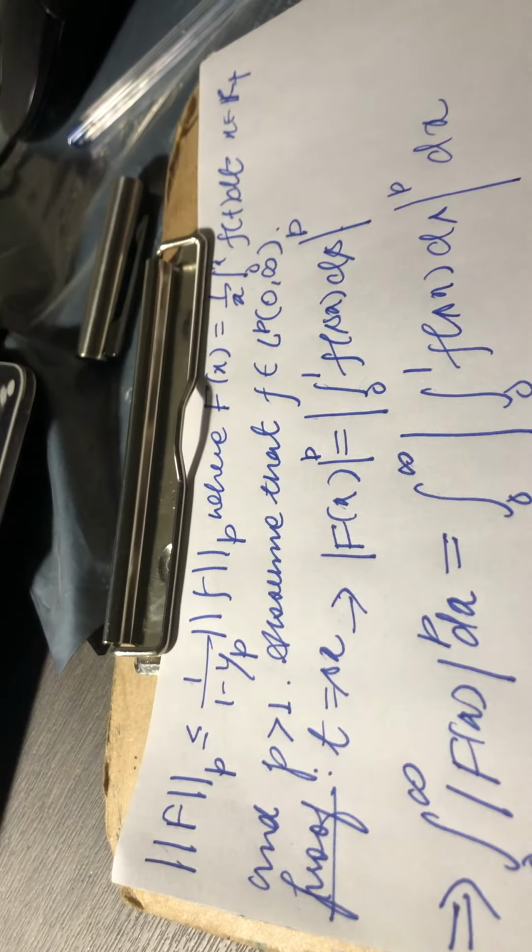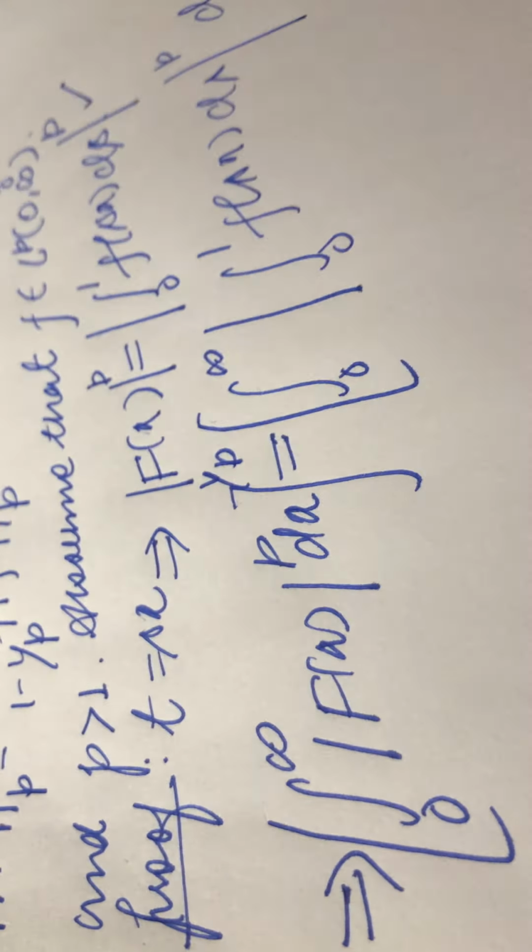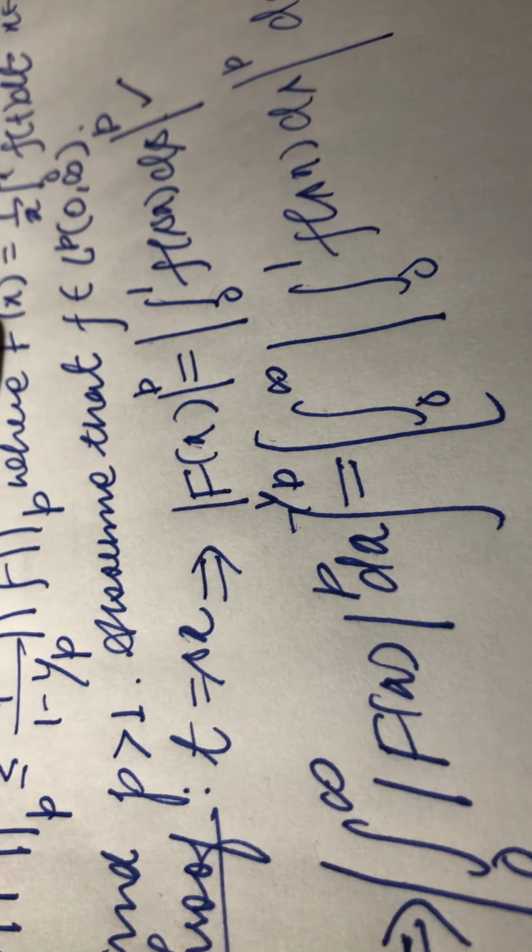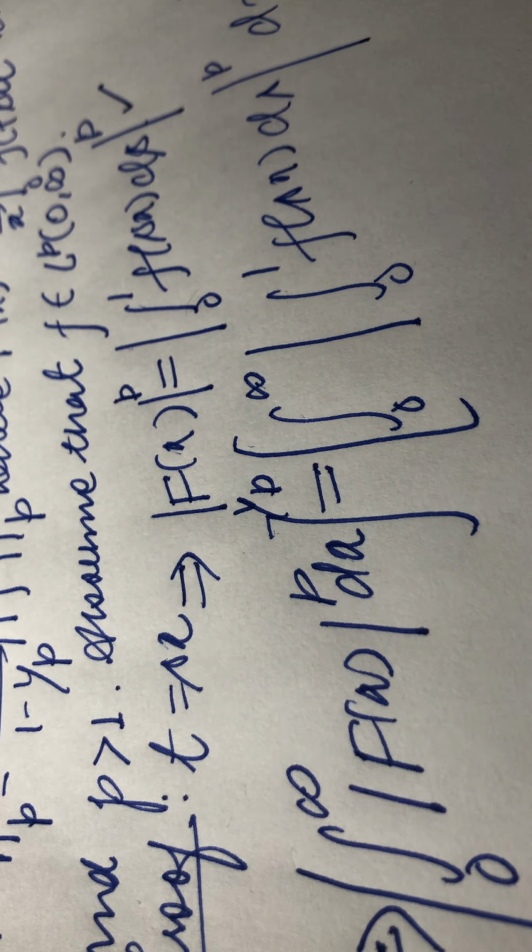So this was step 1, composed of all those tiny steps. Now after that, we'll take this and integrate over 0 to infinity with respect to the normal Lebesgue dx measure, and then we'll take the 1/p-th root of that equality.